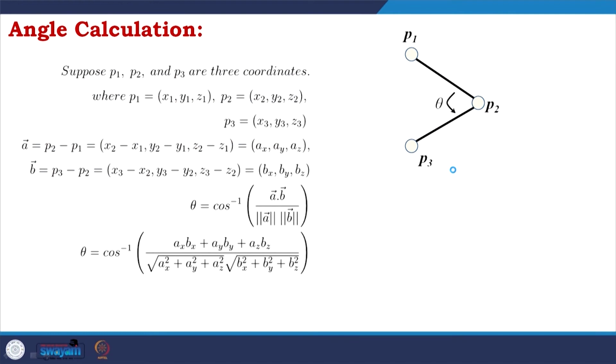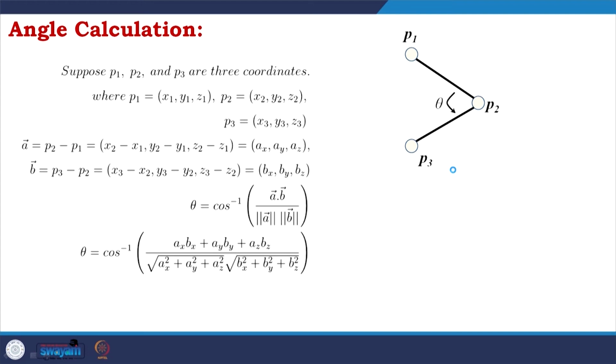Similarly, angle calculation: whereas distance calculation needs 2 points, angle calculation has 3 points. You take 3 points P1, P2 and P3, which have coordinates x1, y1, z1, x2, y2, z2 and x3, y3, z3. Now, you make vectors.